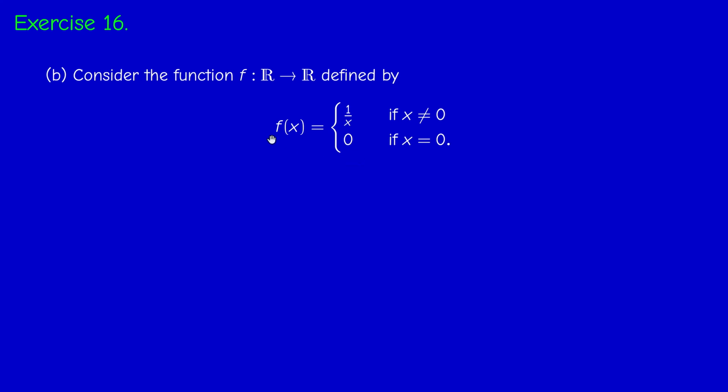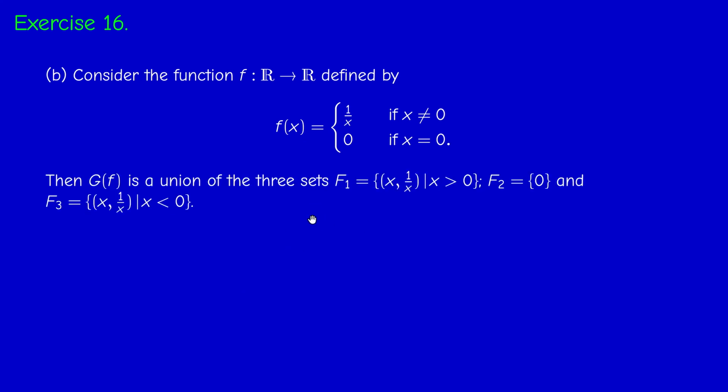Now the graph of f actually consists of three pieces: a branch of a hyperbola, the symmetric branch, and the point 0. It's easy to prove that each branch of the hyperbola is a closed set in R². How do you prove that? You take an element in the closure and prove that it belongs to the set. Same argument.